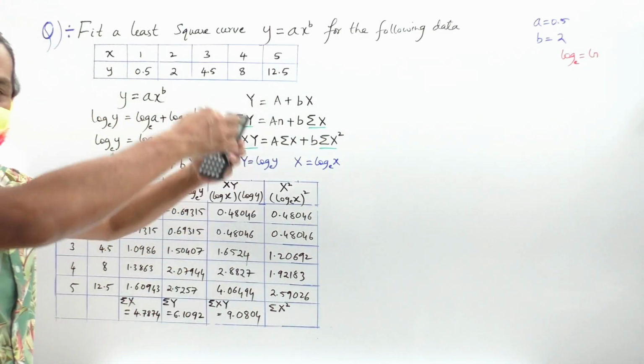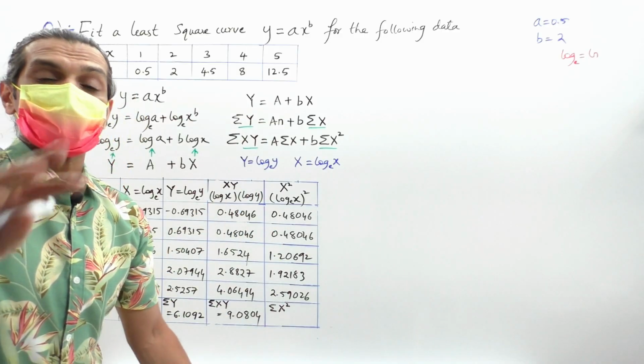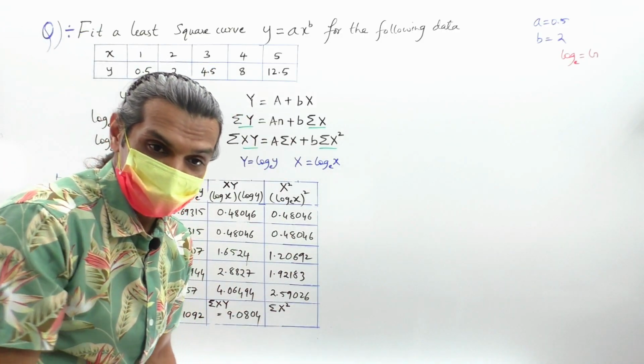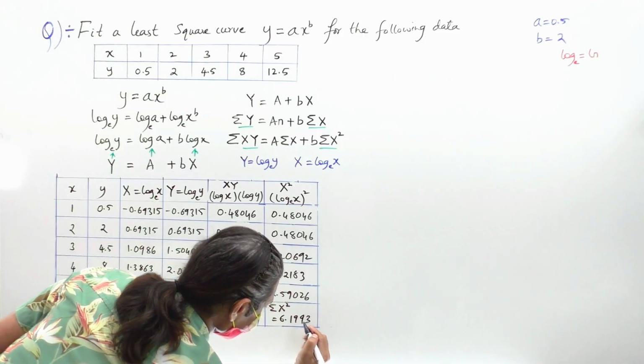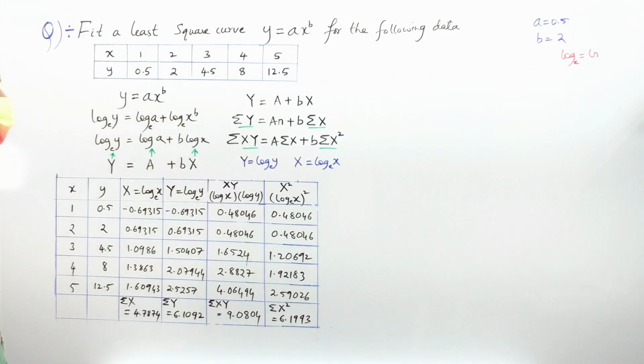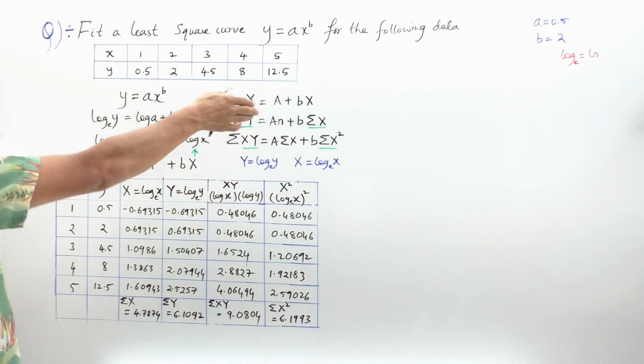Done. The summation of X square, if you add them together, is 6.1993. So the whole table is in front of you. We got all the summations required for the least squares: summation X, summation Y, summation XY, and summation X square.